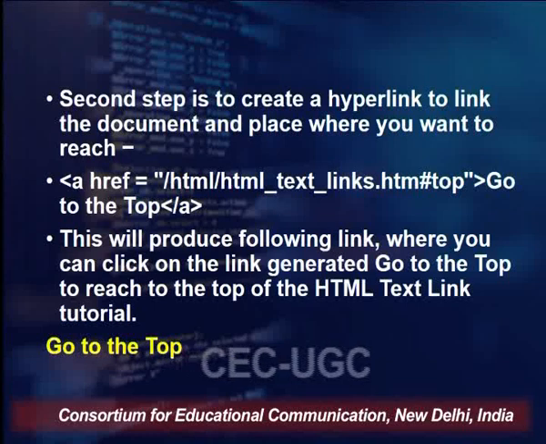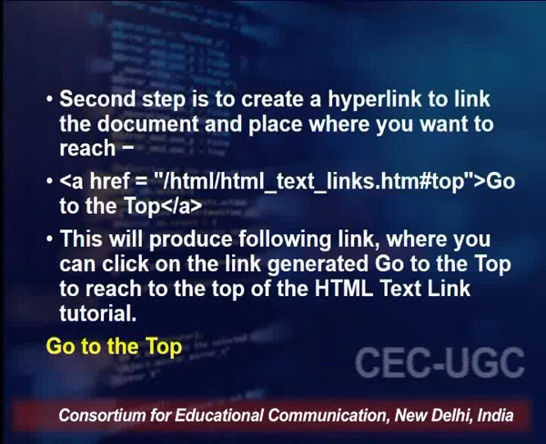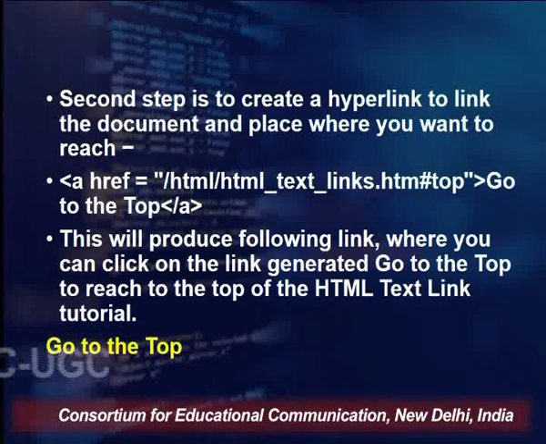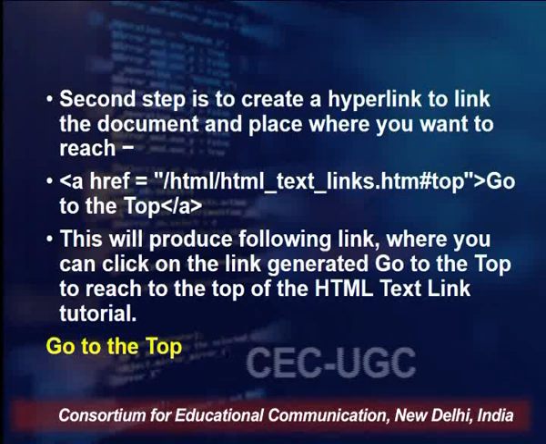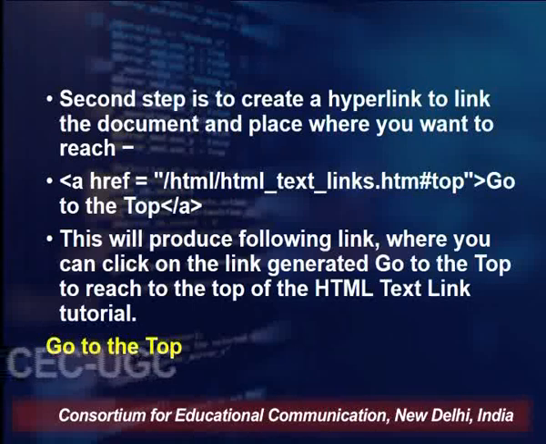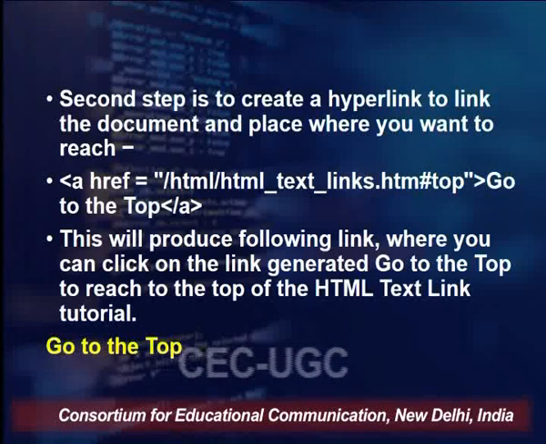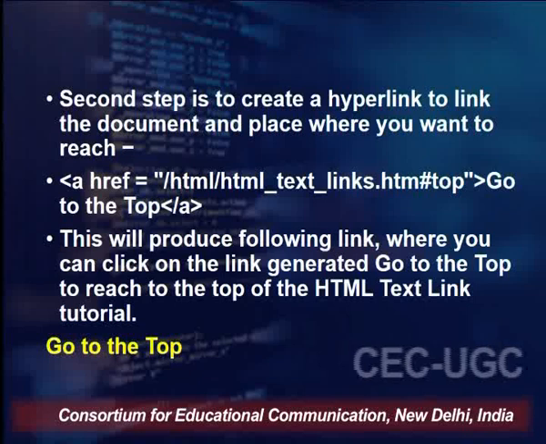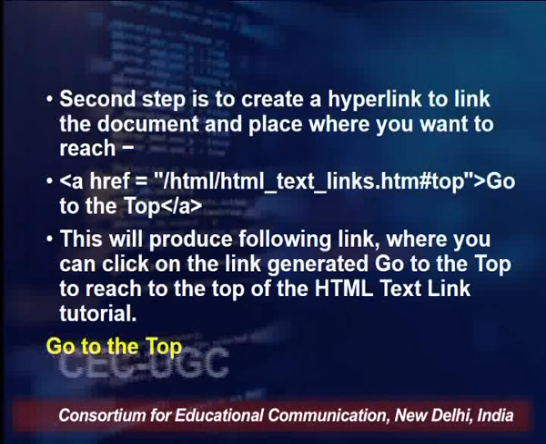This tells my browser that whenever I click on this link, which is written as go to the top, it will take me to the portion named top within this particular file, which is the file we are working in.